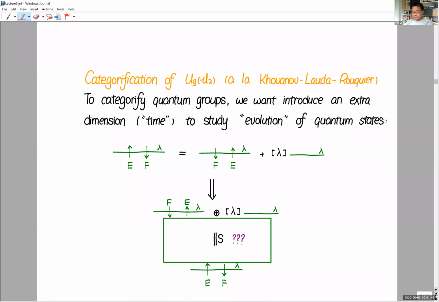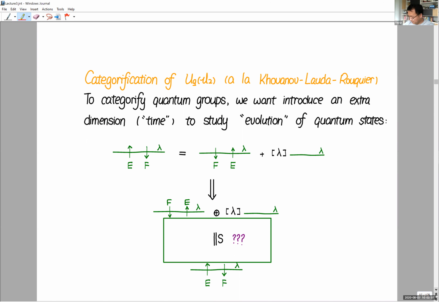In categorification, as we have said, fits into the framework of topological quantum field theory. So we introduce an extra dimension, the time dimension, to study the evolution of these one-dimensional pictures. You naturally obtain two-dimensional pictures in this story.